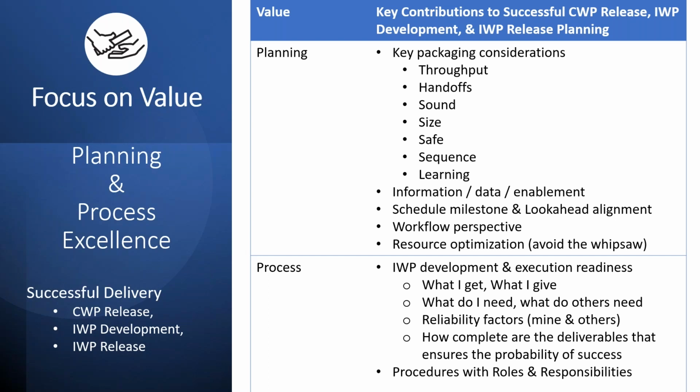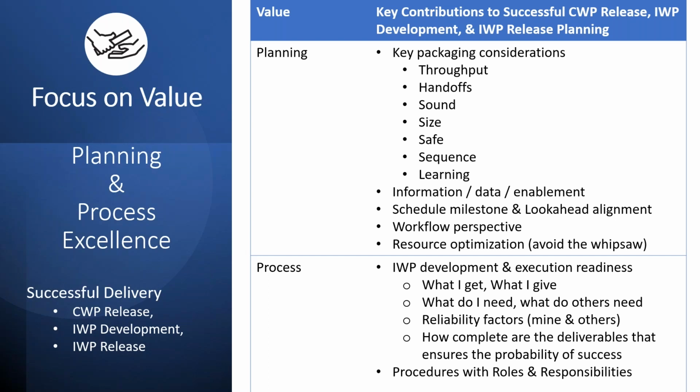On the process side, the IWP development and execution readiness, what am I getting, and then what am I giving, right? If we can have those conversations with our fellow conspirators, I guess I should say, or collaborators, right? We can get these handoffs right. So what do I need and what do others need?